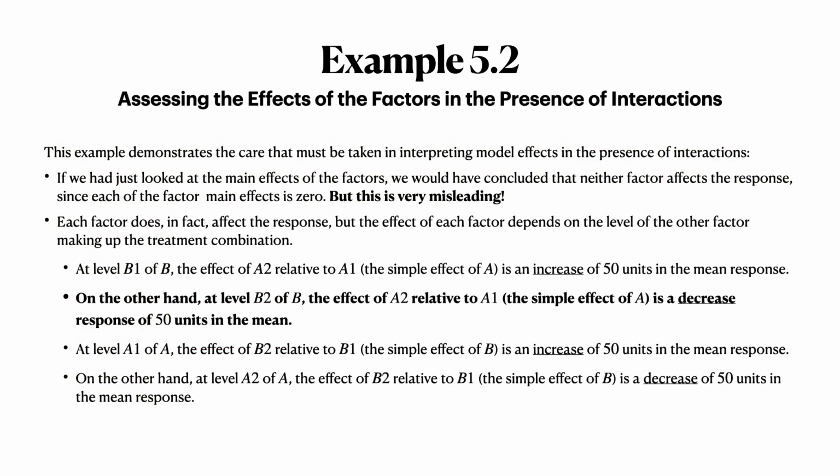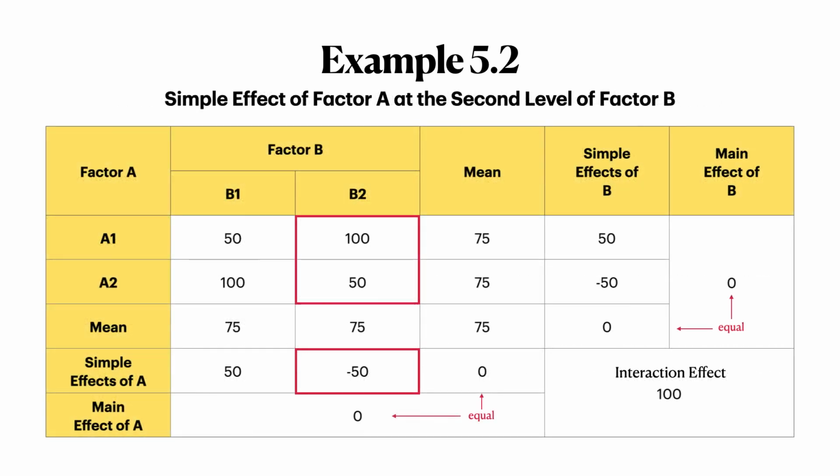On the other hand, at the second level of factor B, B2, the effect of A2 relative to A1, that is the simple effect of A, is not an increase but a decrease in the response of 50 units in the mean. All right, and so we see that here. At the second level of factor B, the impact of factor A, so A2 relative to A1, is a decrease from 100 to 50 units.